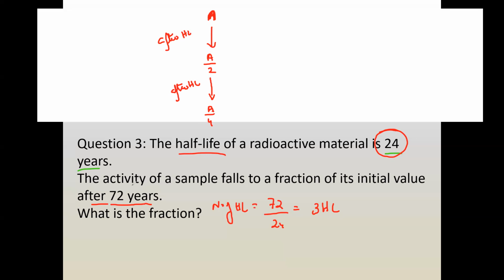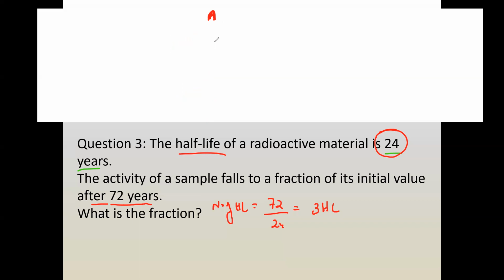Because we want to find after 72 years, and we know 1 half-life is equal to 24 years, this will be 24 years, this will be 24 years, and another one will also be 24 years. So I can write after a half-life, or I can also say after 24 years, because they mention the half-life is 24 years.